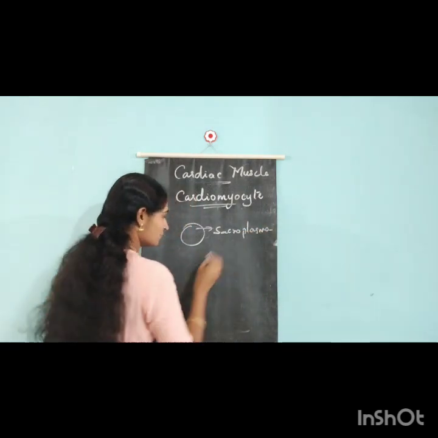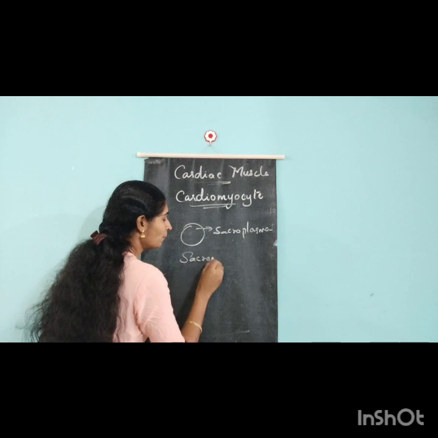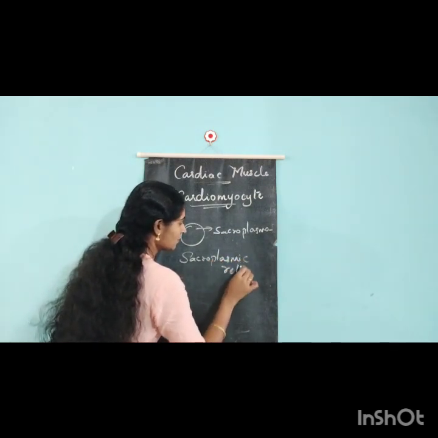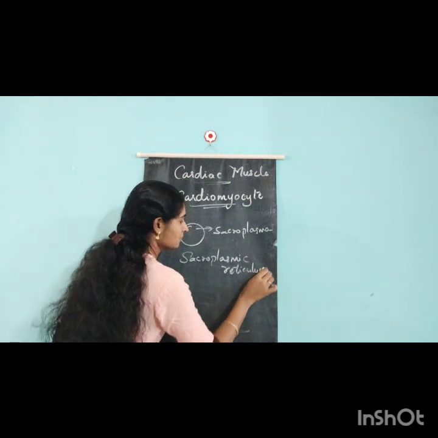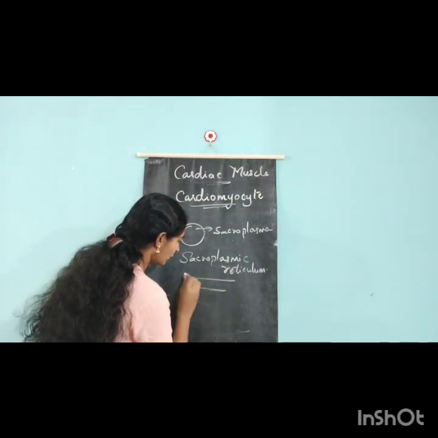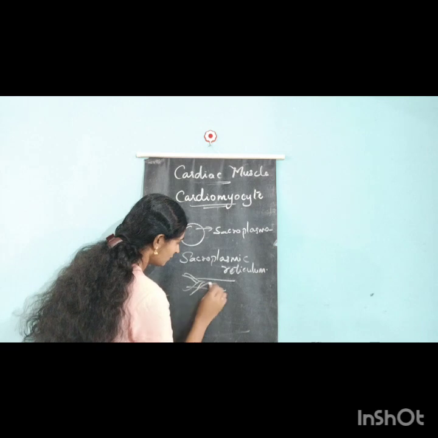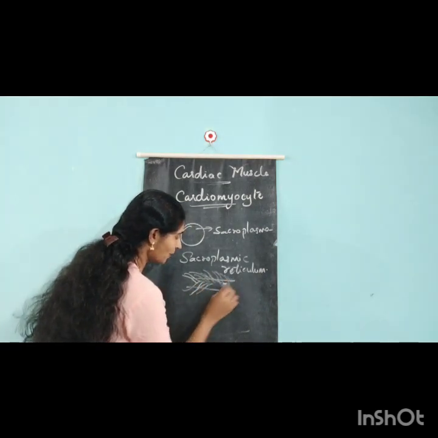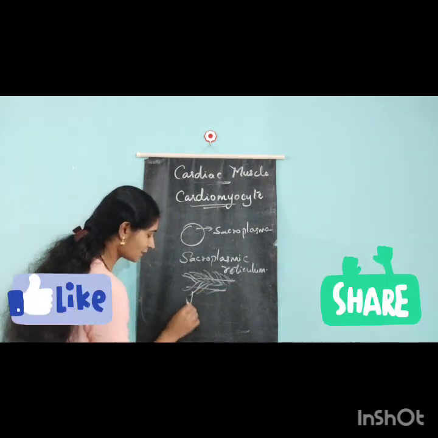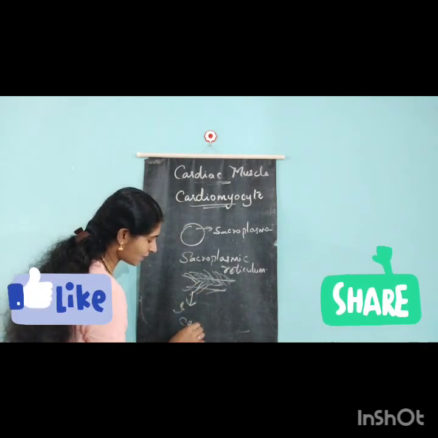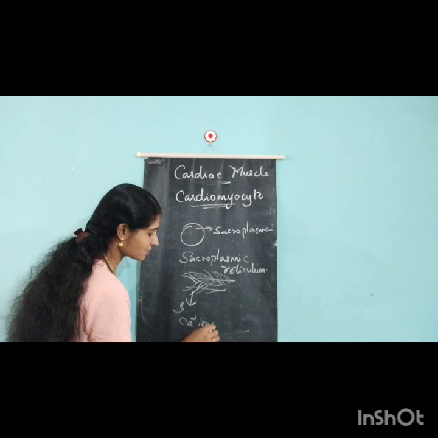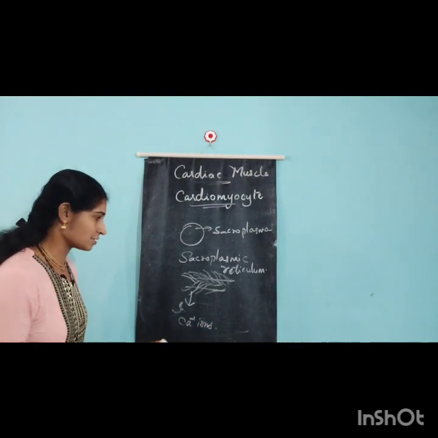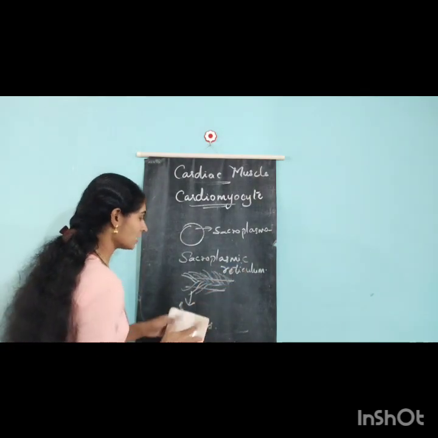This sarcoplasm forms a sarcoplasmic reticulum. Sarcoplasmic reticulum over what? One myofibril. So on each myofibril you can see this sarcoplasmic reticulum. What does this contain? Intracellular calcium ions. That is nothing but sarcoplasmic reticulum.